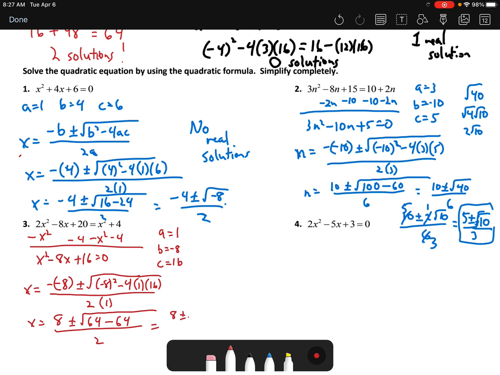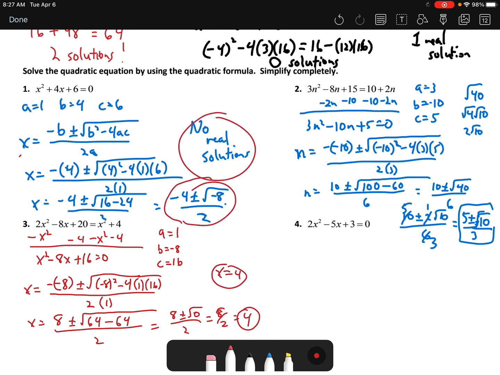Well, that's 0, isn't it? Well, the square root of 0 is 0, so this is just simply 8 divided by 2, which is 4. So x equals 4. So those are our solutions.